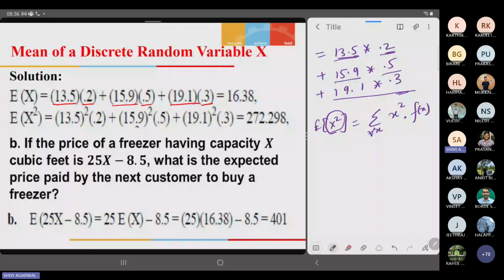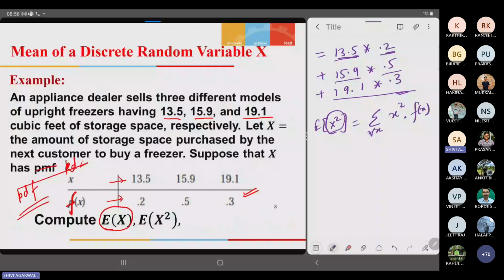So now what we are doing here, just go back. It is equal to 13.5 whole square multiplied by its density function plus 15.9 square multiplied by its density function, then plus 19.1 whole square multiplied by 0.3, and you can calculate this value. That is the expected value of x square.